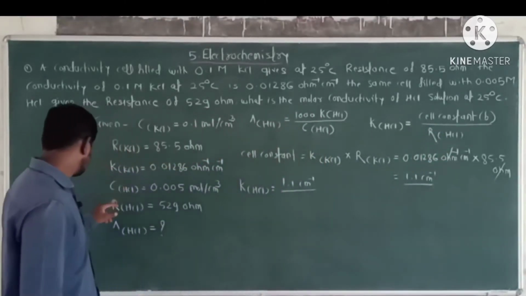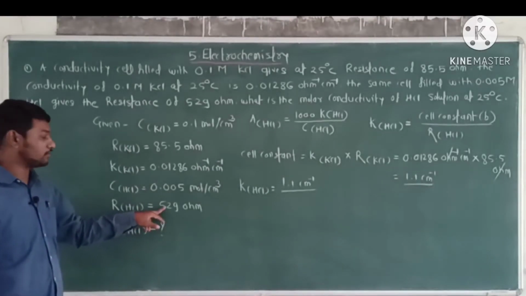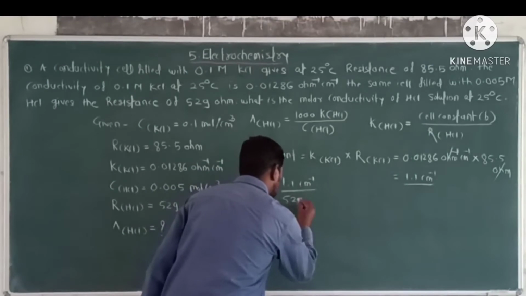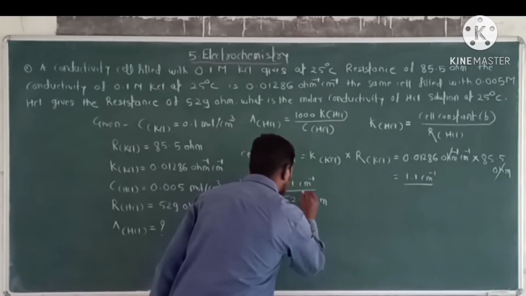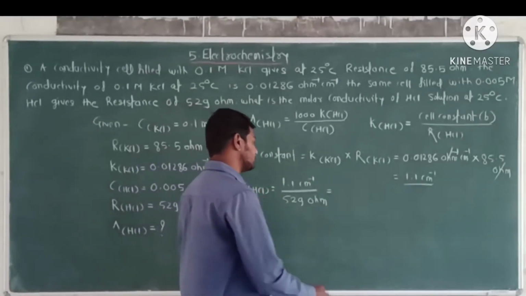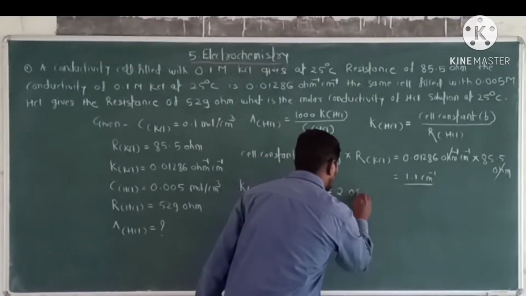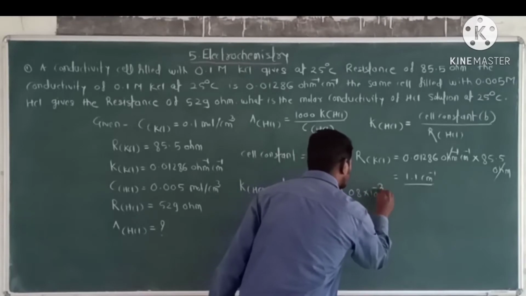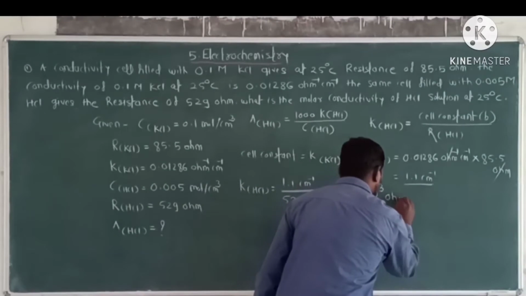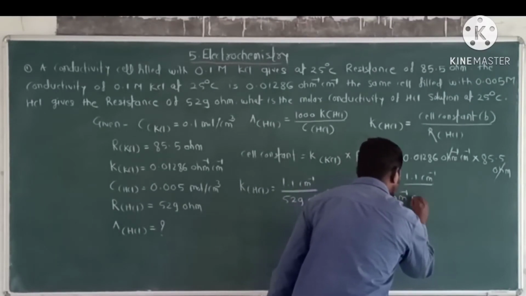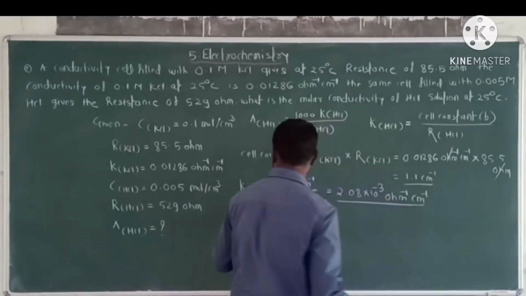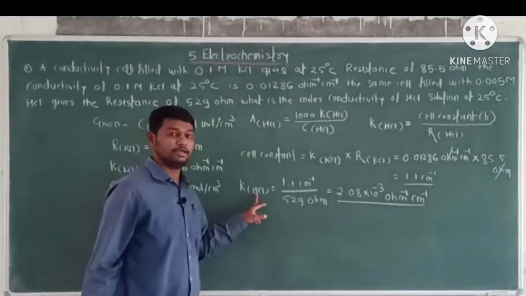Here the resistance of HCl is 529 ohm. Solving this equation, we get the final answer, 2.08 into 10 raised to minus 3 per ohm per centimeter. This is the conductivity of the HCl solution.